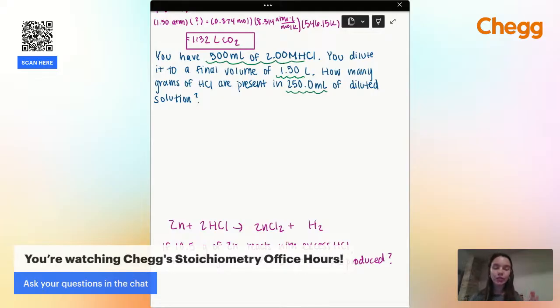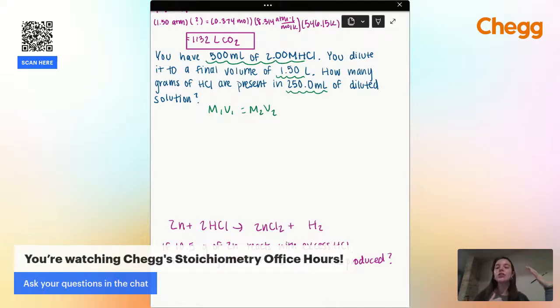So this is a two-step problem. We're going to do a dilution problem and then some plain stoichiometry. We first need to use molarity in the dilution equation, which is M1V1 equals M2V2, just to figure out the molarity of that final volume that we're diluting to.